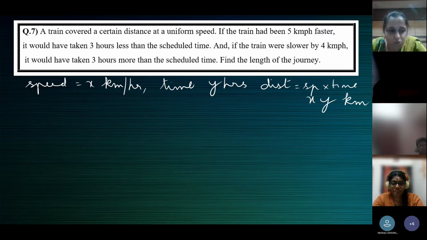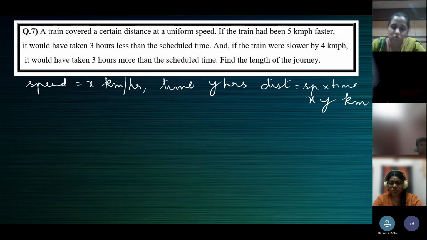Let the usual speed of the train be x kilometer per hour. So when the train travels at x kilometer per hour, it reaches its destination in y hours. So the usual speed is x, the usual time taken is y.